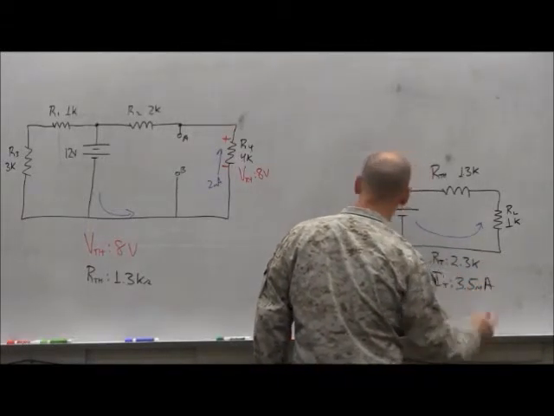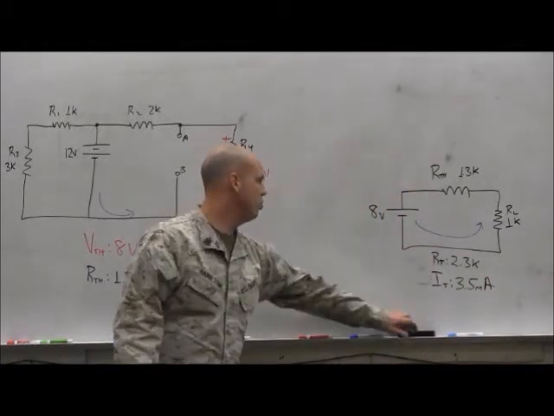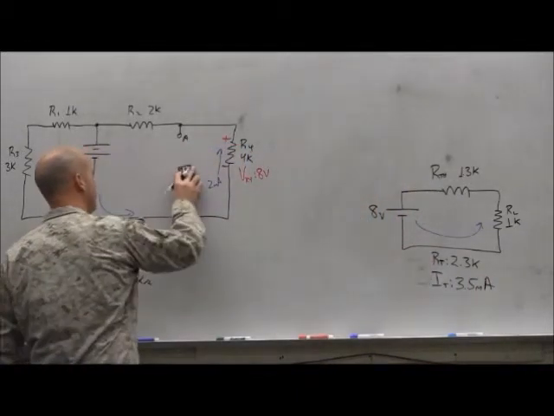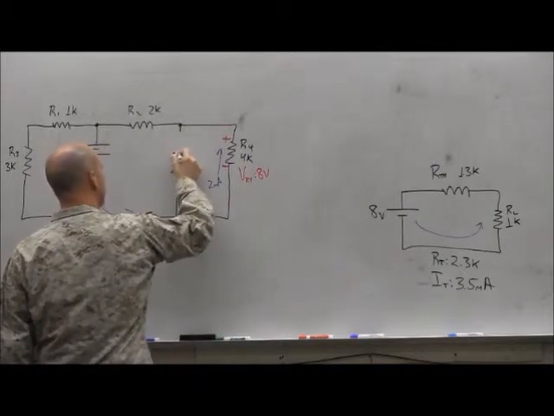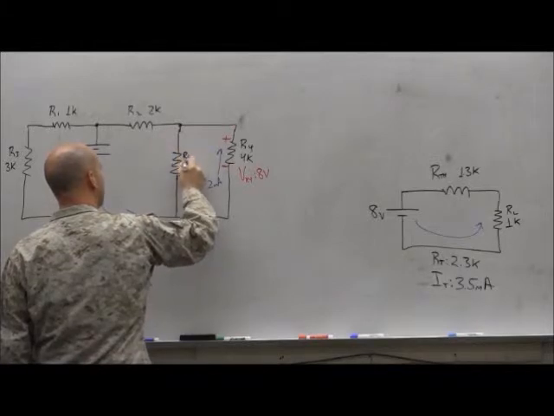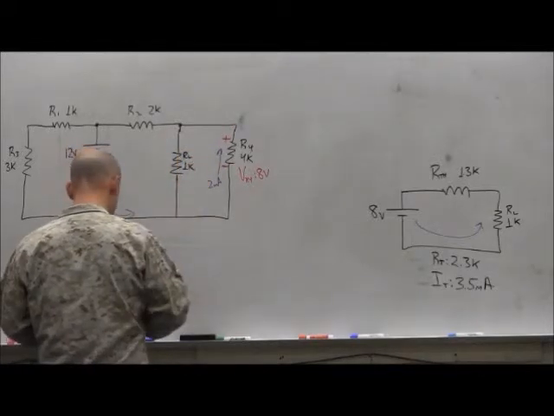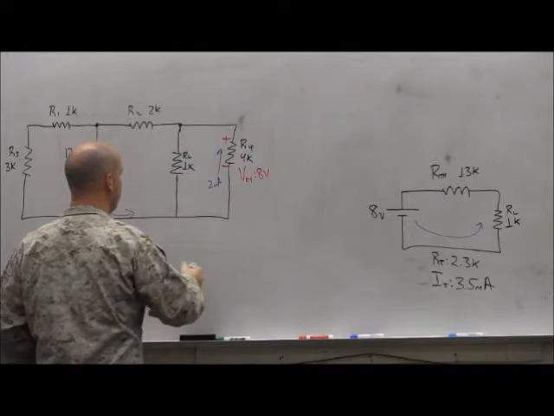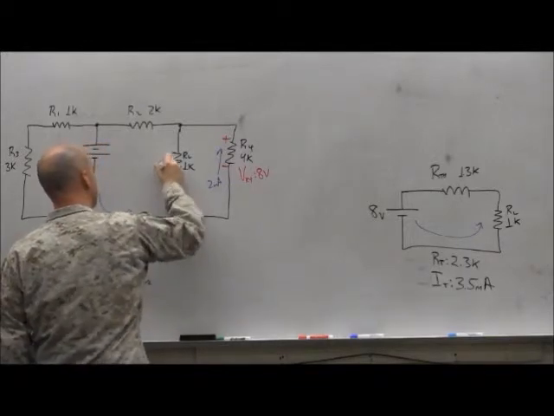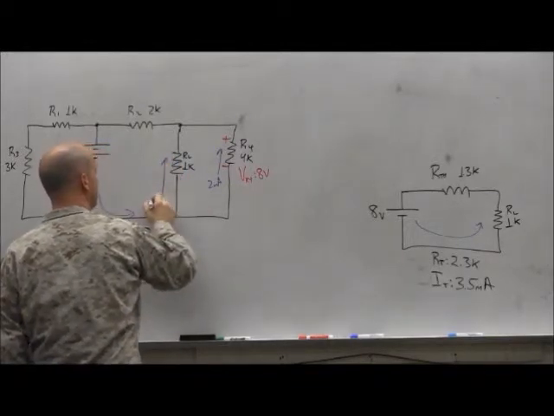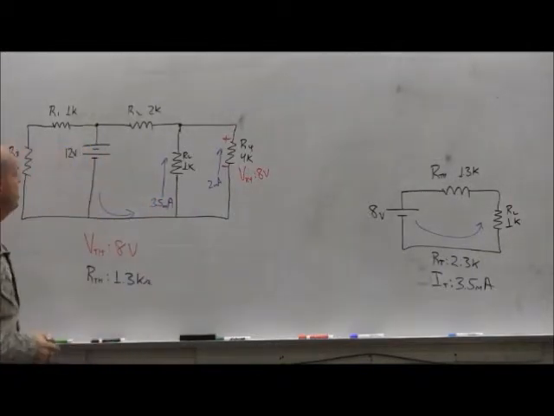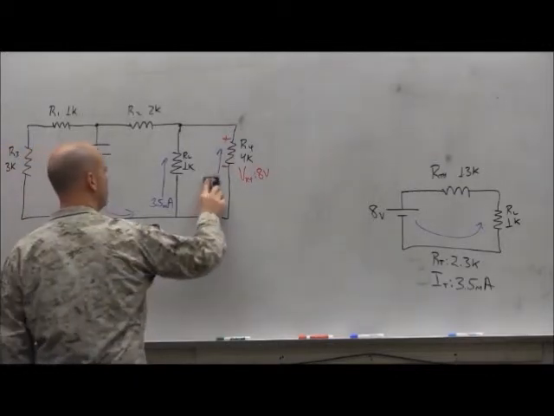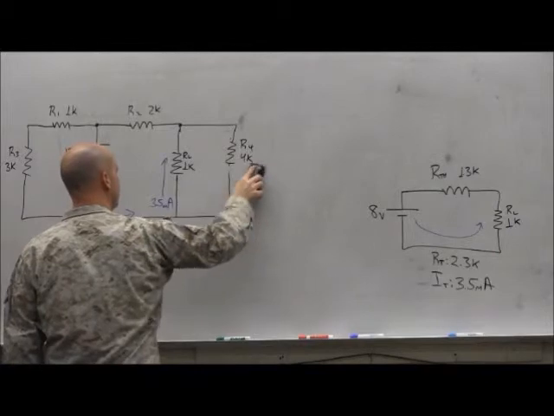So when we put RL sitting at 1K back in here, we get 3.5 milliamps going up across it, and then from there we can also find our voltage, yes? Just ignore this stuff over here, that only applies to the voltage step.